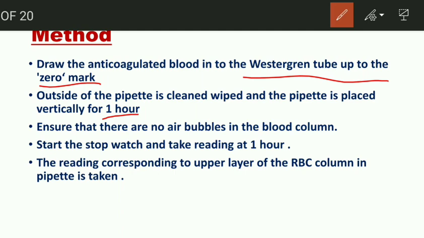Ensure that there is no air bubble in the column. Start the stopwatch and take the reading at exactly 1 hour. The reading corresponding to the upper layer of the RBC column in the pipette is taken.